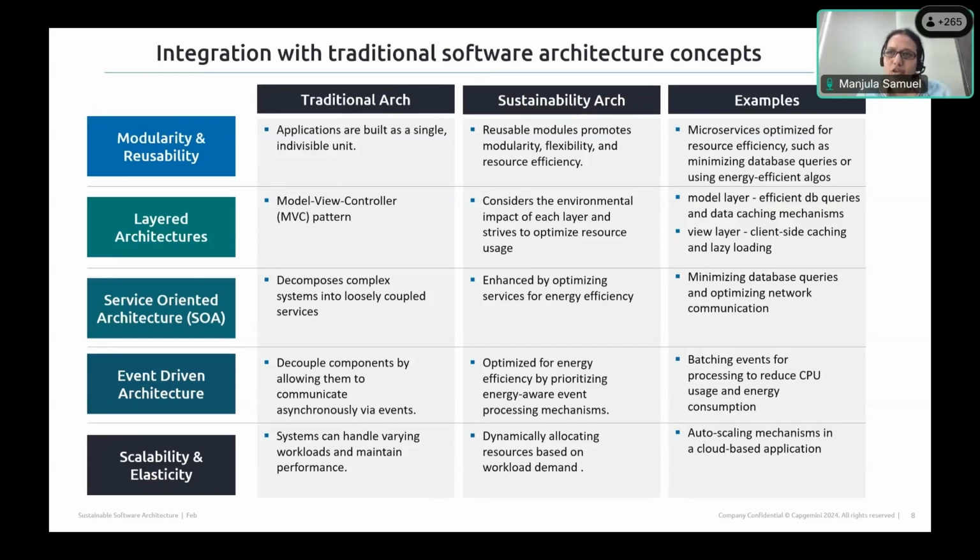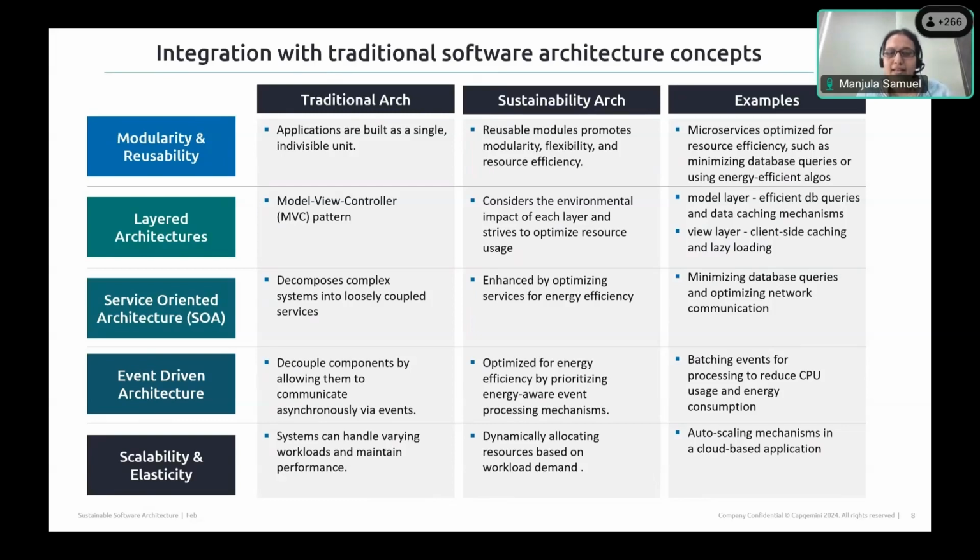By configuring your auto scaling policies to consider energy efficiency metrics, you can scale your resources only when necessary, thereby again minimizing your energy consumption. So by integrating the sustainability principles with traditional architecture concepts in these examples, software systems can achieve both functional requirements and your environmental sustainability goals.